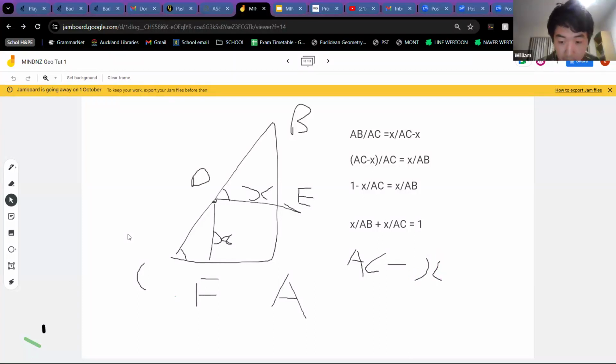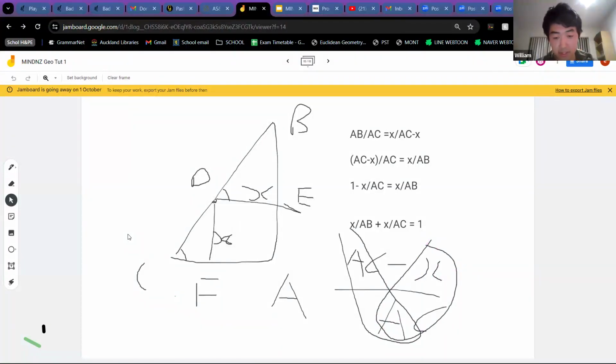If we break down this fraction, we see that this equals 1, and then this gives me X over AC. So it's just splitting the fraction to give the same result in a different form. Does anyone have any other questions? Yeah, so 1 minus bracket X over AC.